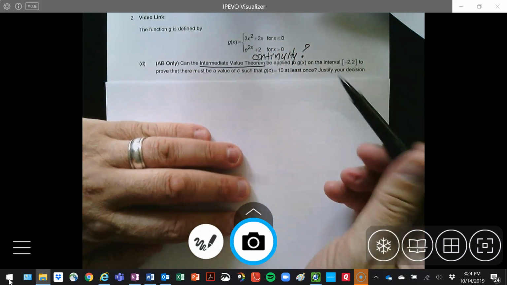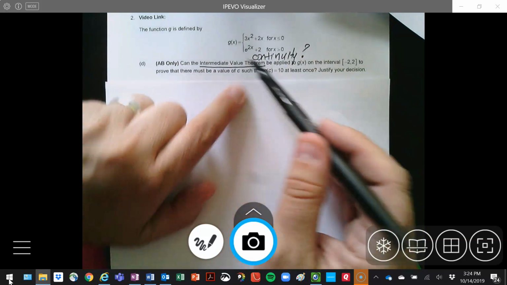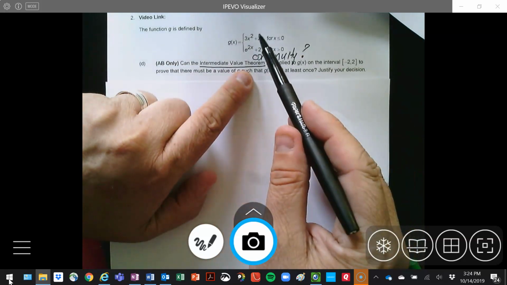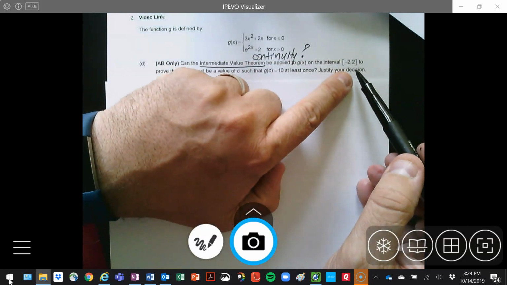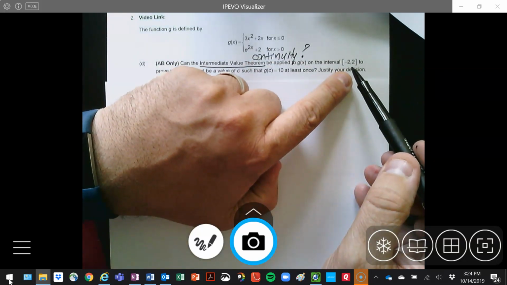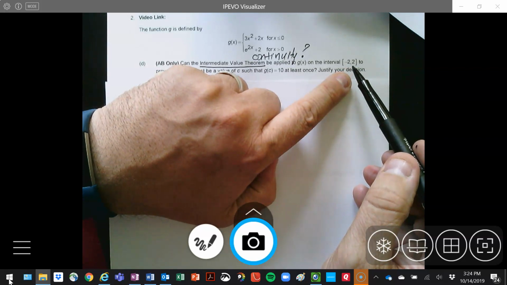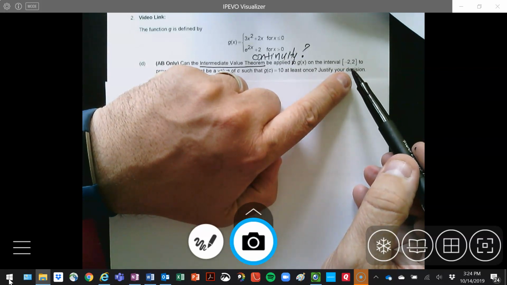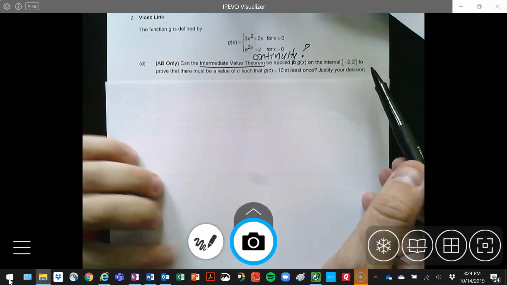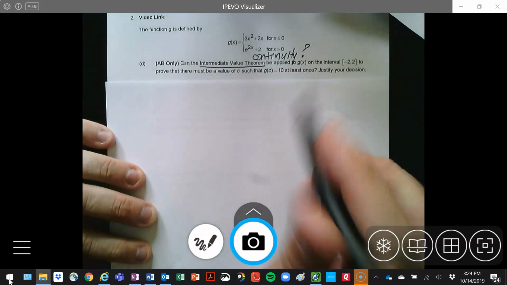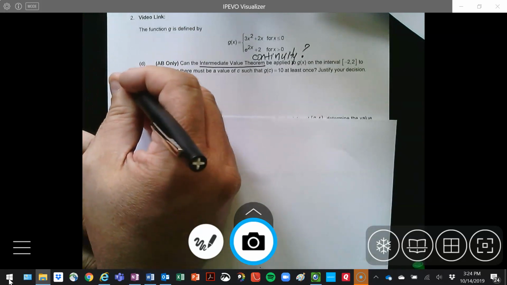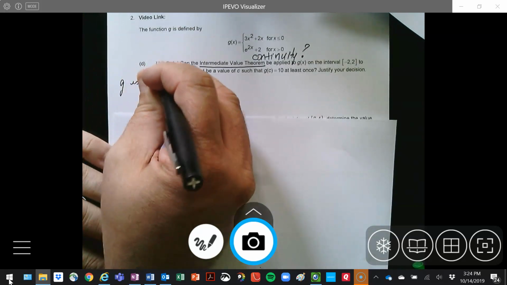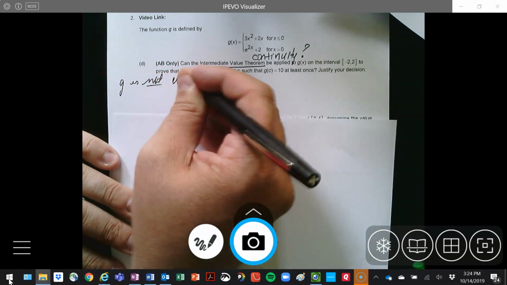So the question you need to ask yourself is, is g a continuous function on the interval -2 to 2? And if you think about that for just a second, you should already know the answer. We've talked about this in part A. It came up again in part C. What we know is that g is not continuous.